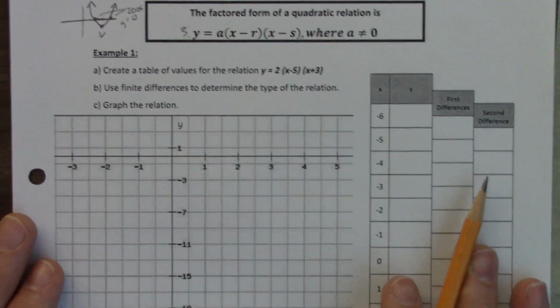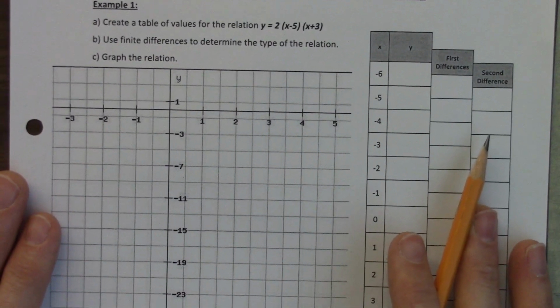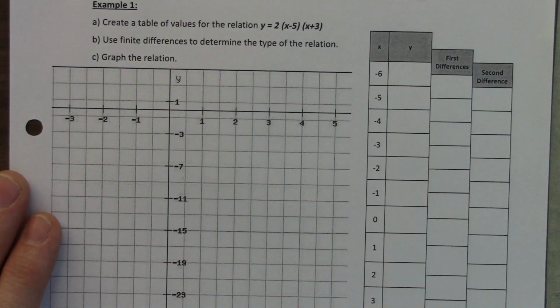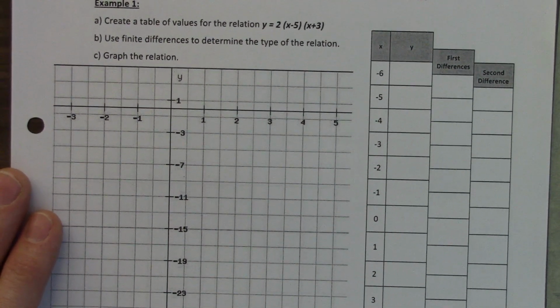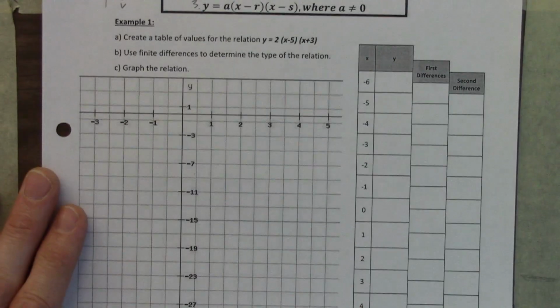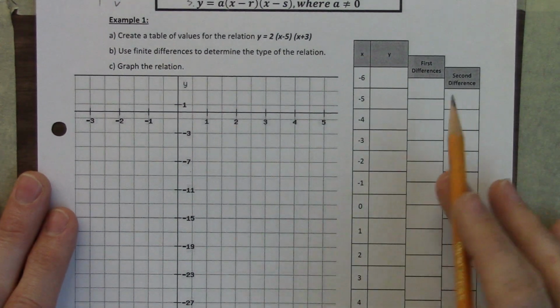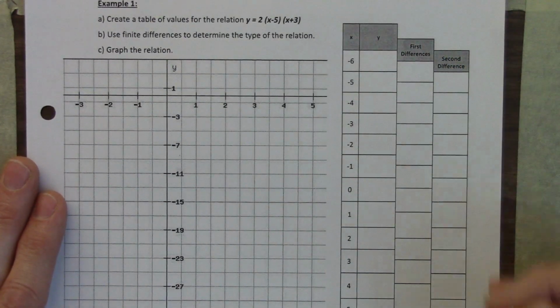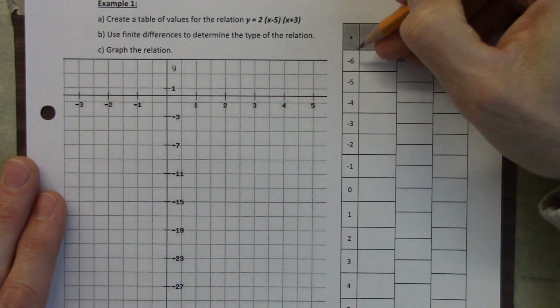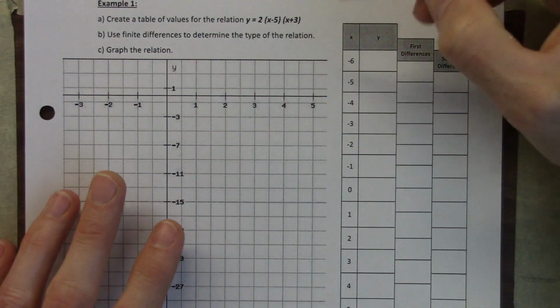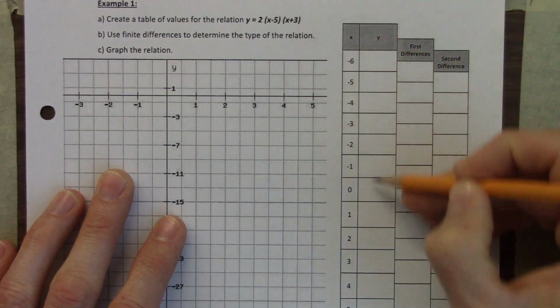It says create a table of values for the relation y equals 2(x minus 5)(x plus 3). So our first thing it asks us to do is to create this big table of values. So how am I going to do that? Who can tell me? Douglas, what am I going to do to find out all these y values?